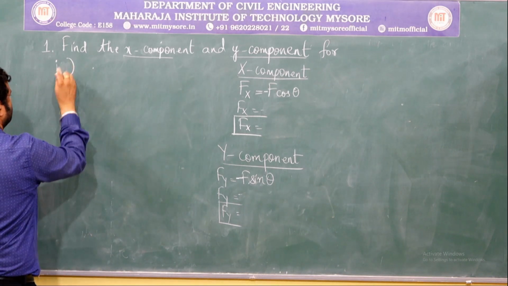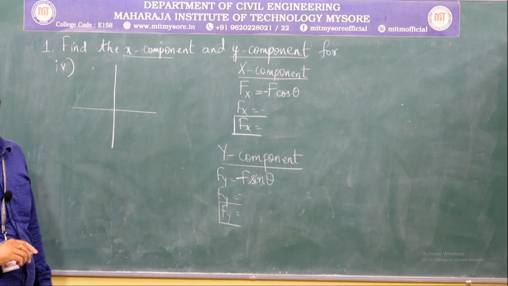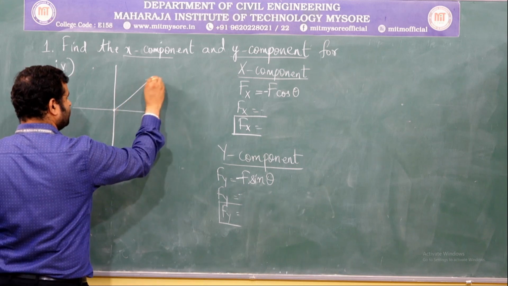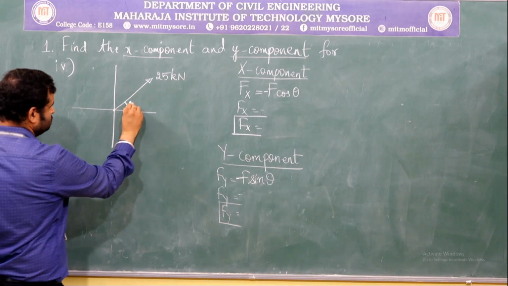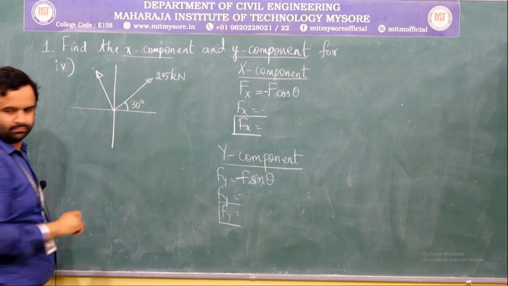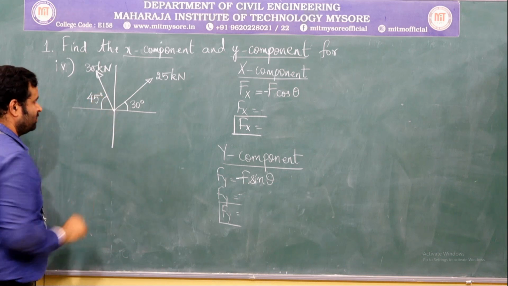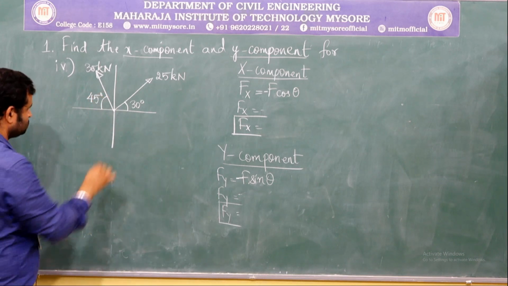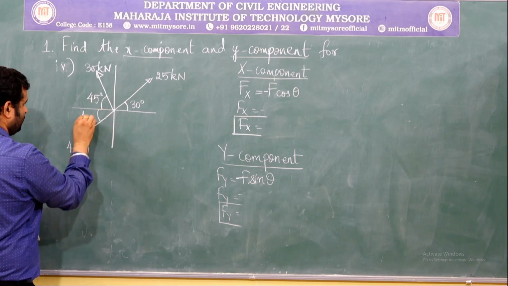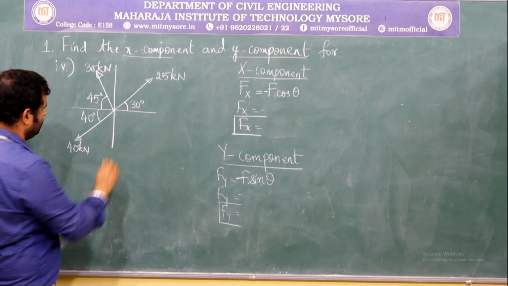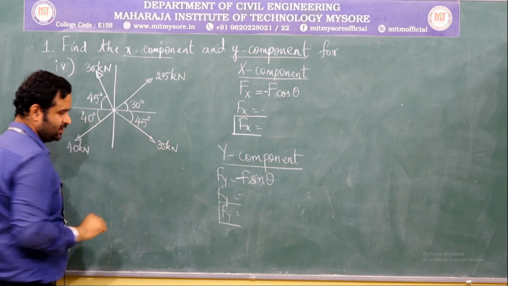So, problem number 4 goes like this. Minus 45 degrees, 40 kilonewton at 40 degrees, and you have 30 kilonewton at 45 degrees.